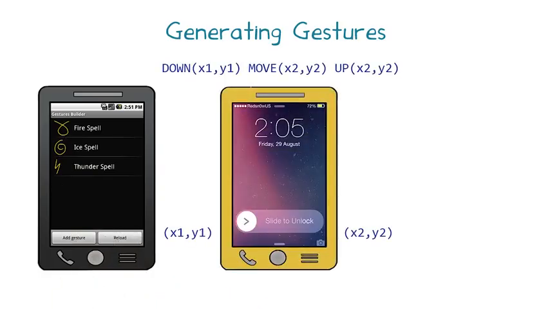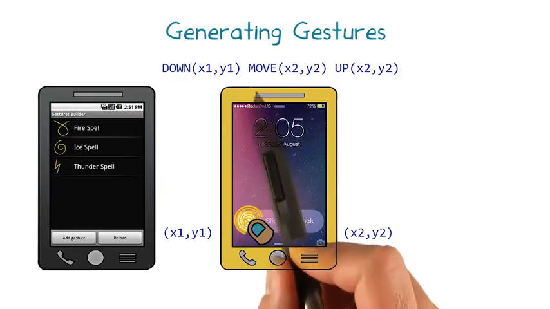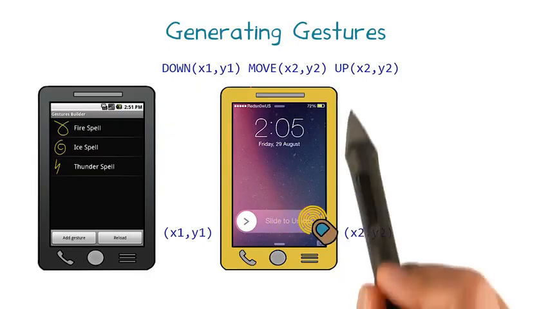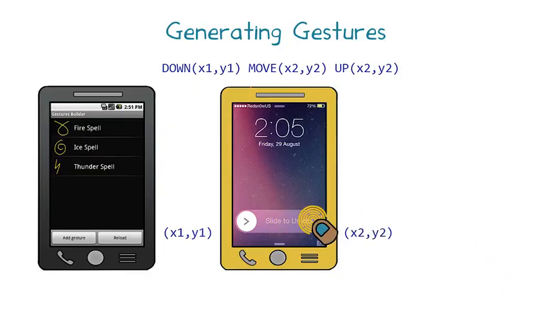A simple gesture consists of a down event at a pixel x1, y1 to simulate putting one's finger down on the display, then a move event from x1, y1 to a second pixel x2, y2 to simulate dragging one's finger across the display, followed by an up event at pixel x2, y2 to simulate removing one's finger from the display.